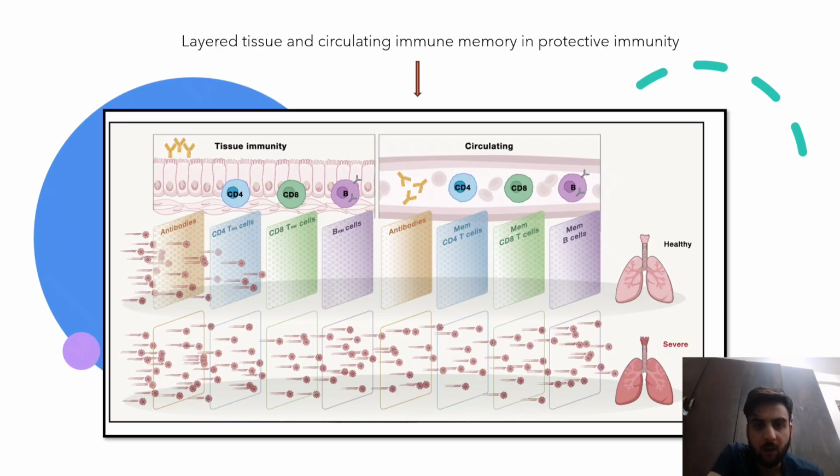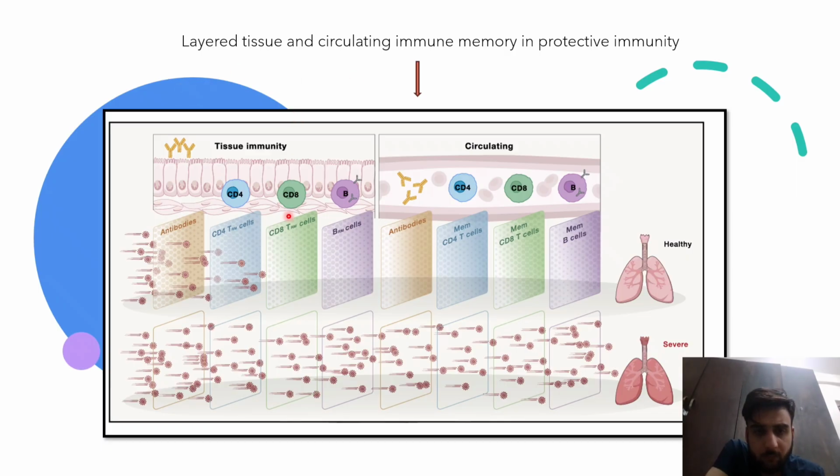So in our immune system, we have layered tissue and circulating immune memory in protective immunity. So our protective immunity involves the layered tissue as well as circulating immune memory.